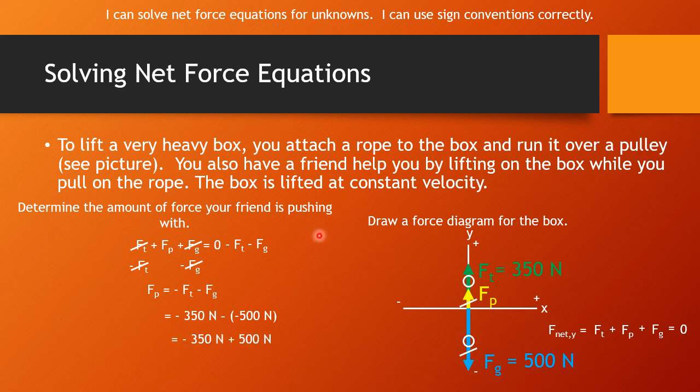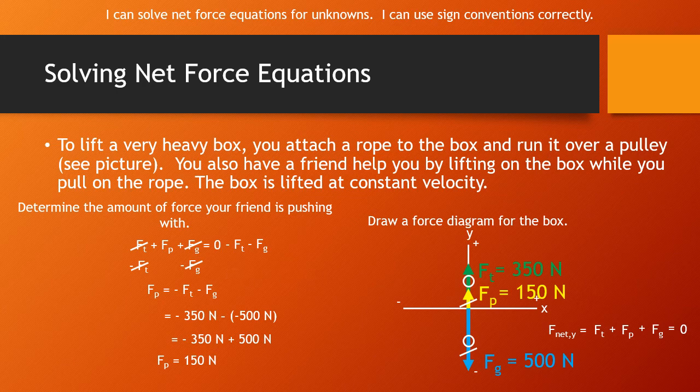So this would be negative 350 newtons plus 500 newtons. And negative 350 plus 500 is a positive 150. So the push force is a positive 150 newtons. And I can finish up my force diagram by putting the push force equals 150 newtons here.